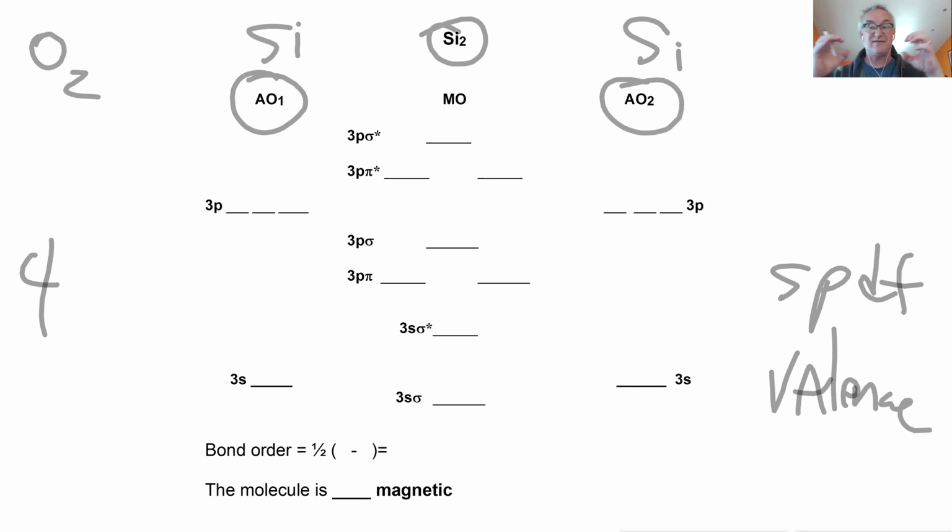So core electrons have nothing to do with that. They are only involved in electron density around the atom, not between. So we only want the electrons in the outermost shell, i.e. the valence electrons, because those are the ones that are going to be shared between atoms.